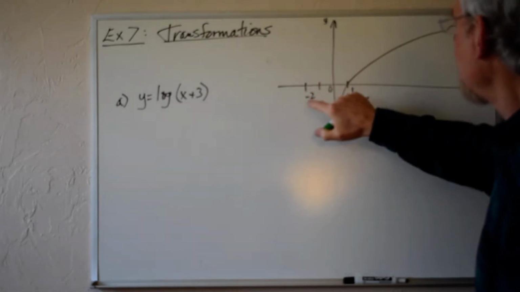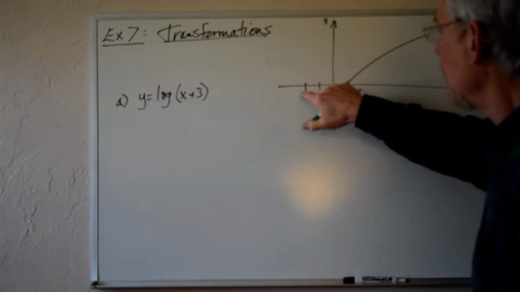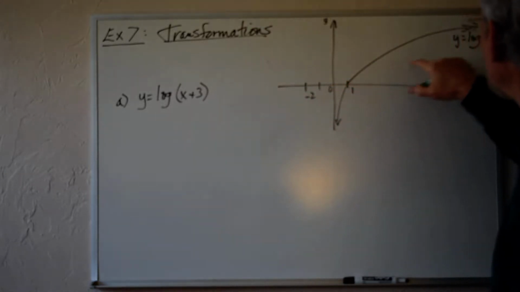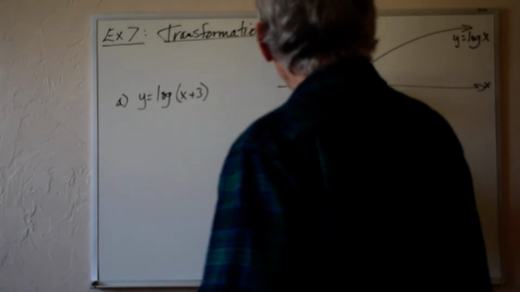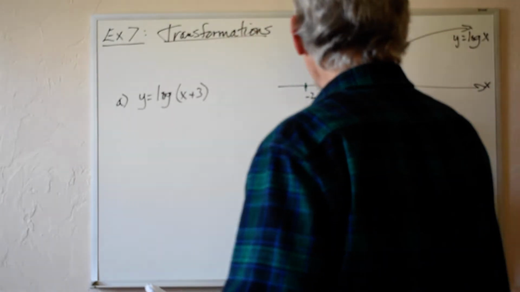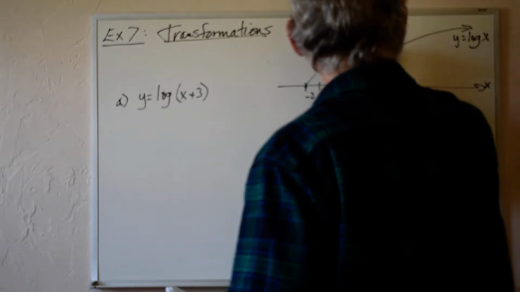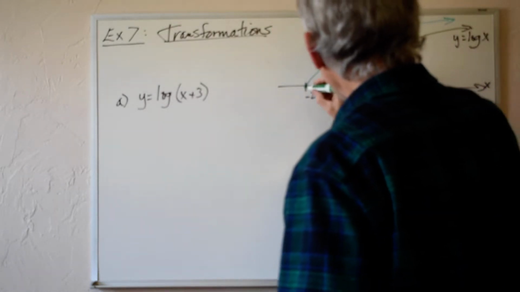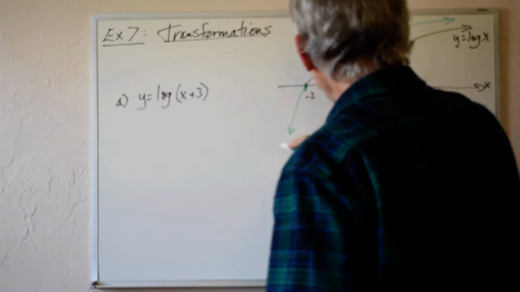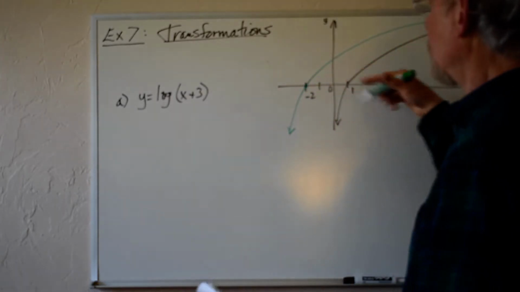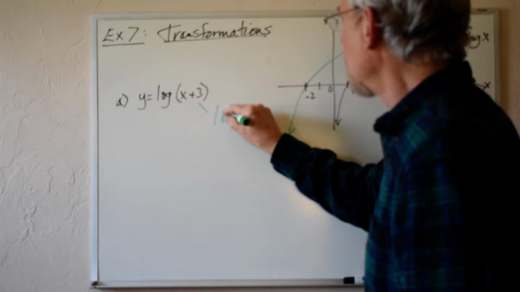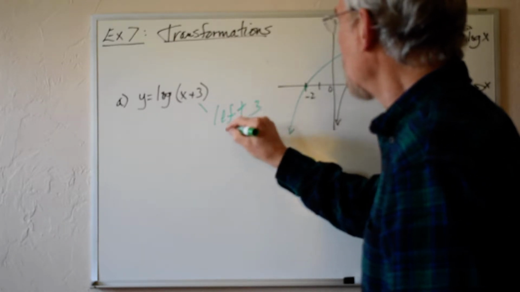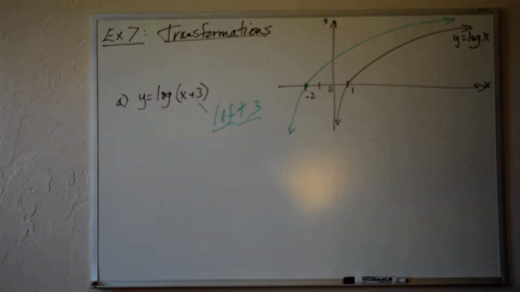When x is at -2, it's going to behave like this function behaves when x is at +1. So we'll have that point, and the whole thing gets shifted over 3 places, 3 units to the left. So this means shift left 3 units.